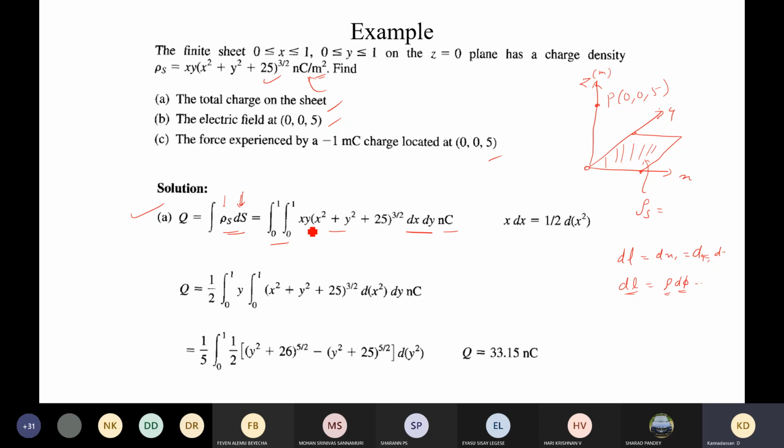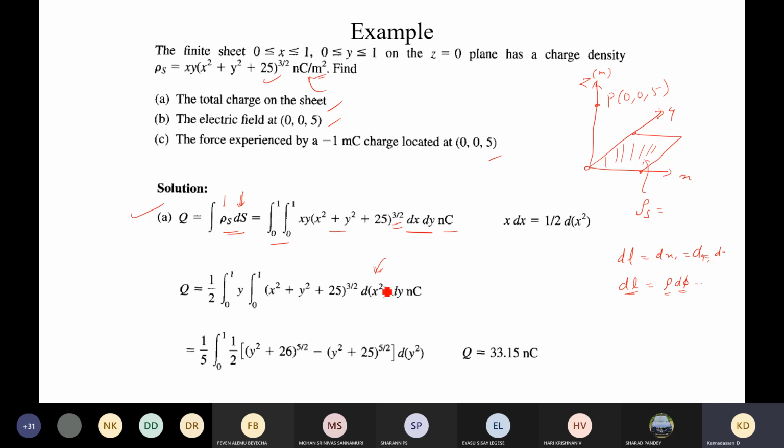We are going to do first x, then y like that, or even you can do them independently because both are completely independent. So here, whenever you get a power of 1/2 or 3/2 like that, the best advice is to make this x dx as d(x square).